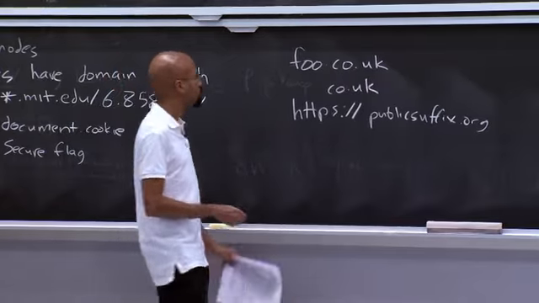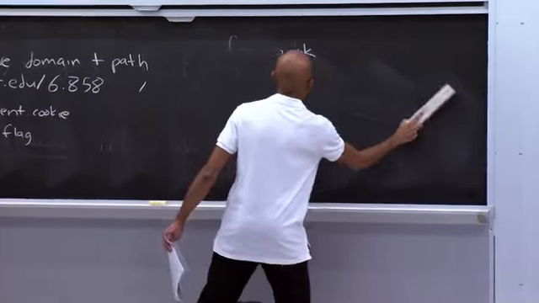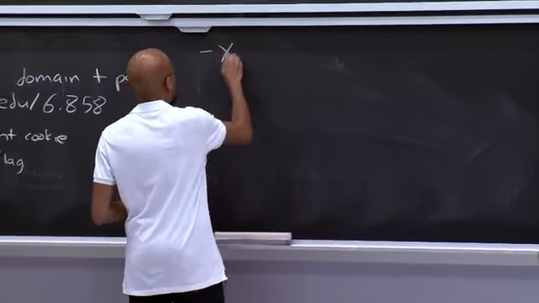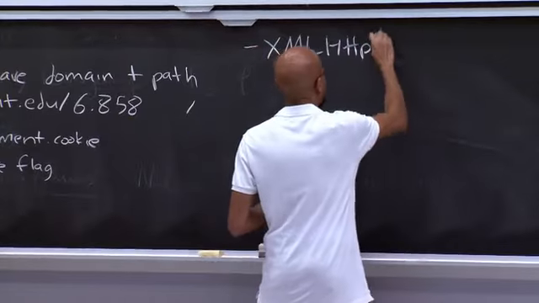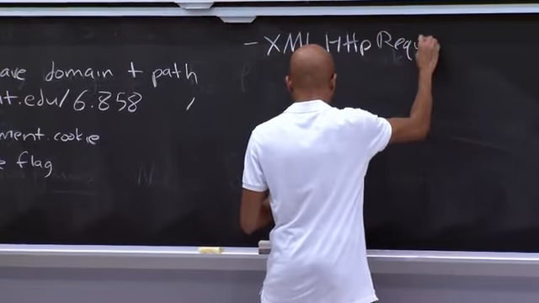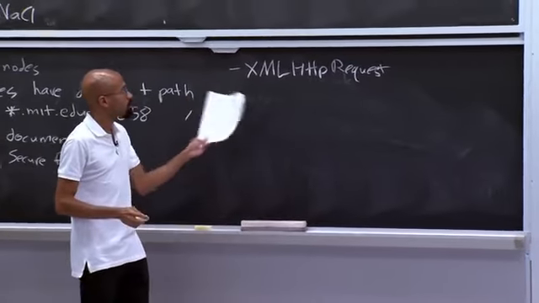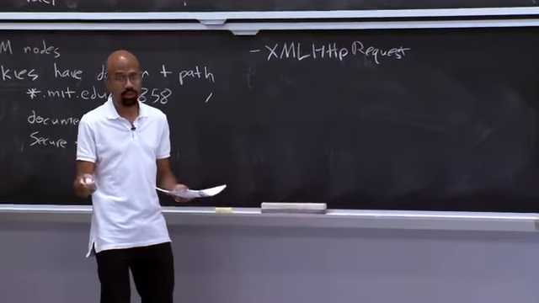So with respect to XML HTTP responses, how are they treated by the same origin policy? By default, JavaScript can only generate one of these if it's going to its origin server.